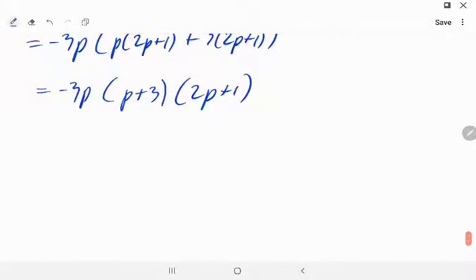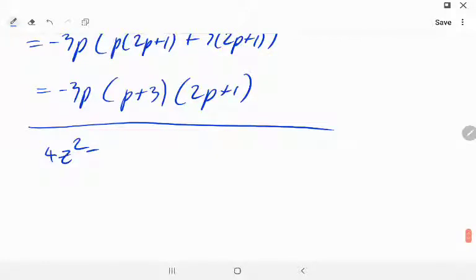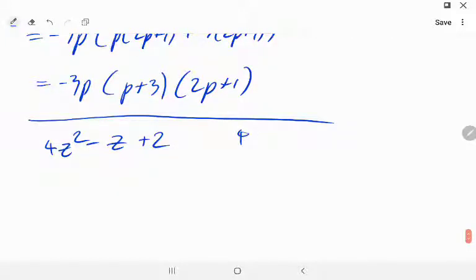You notice, like we mentioned in section 6.2, sometimes we'll get a polynomial that's prime. If we try looking at 4z squared minus z plus 2, we notice if we take 4 times 2, that equals 8. We can look through the factorizations of 8. We get 1, 8, 2, 4, negative 1, negative 8, negative 2, negative 4.